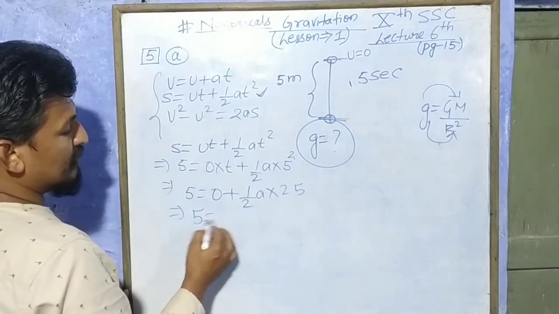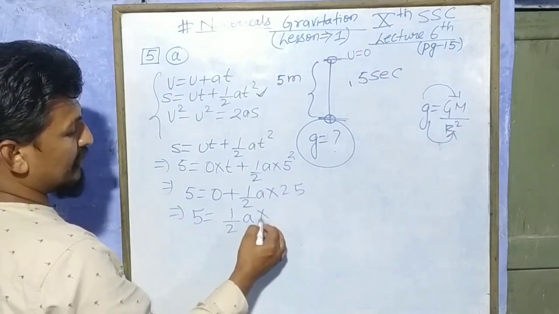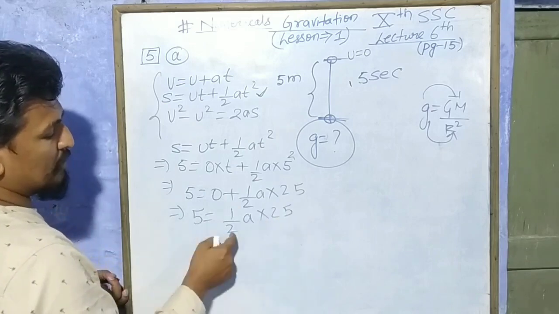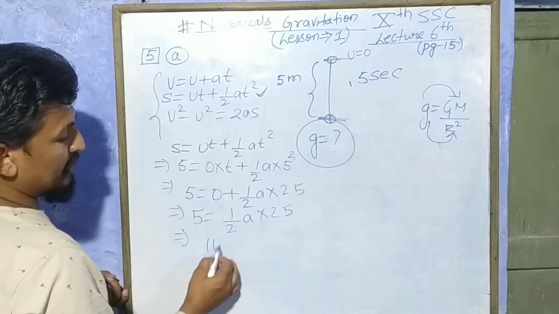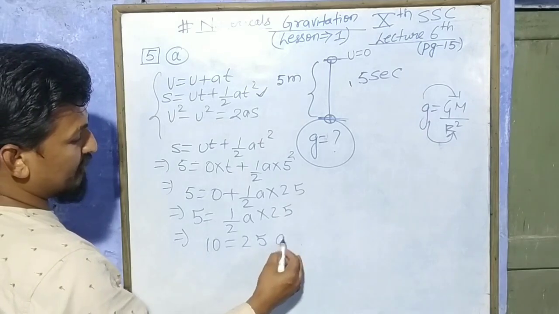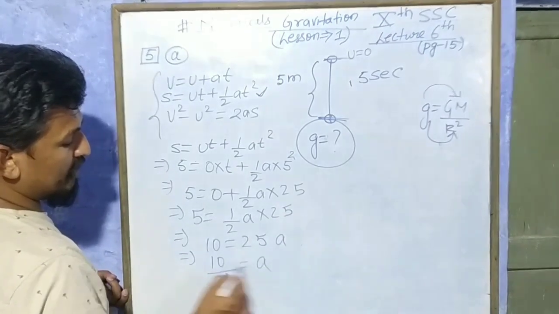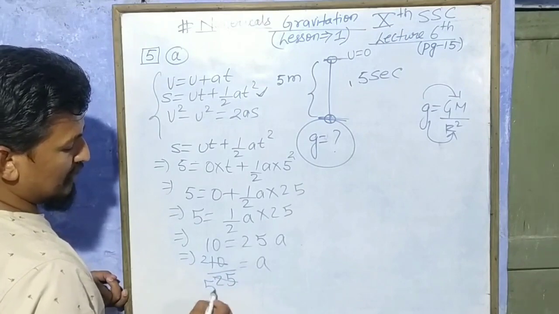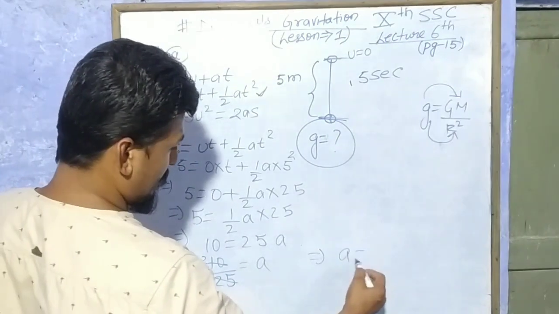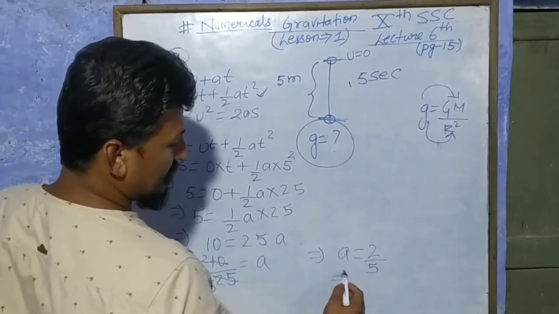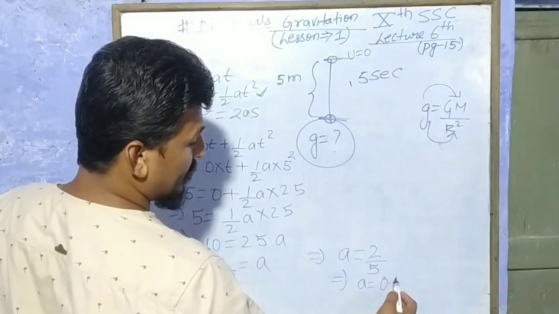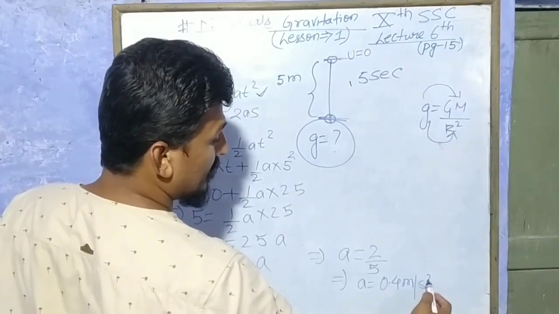So 5 equal to half a into 25. Cross multiplying, 5 into 2 becomes 10 equal to 25a. So a equals 10 by 25, which is 2 by 5. So a equals 0.4 meter per second square.